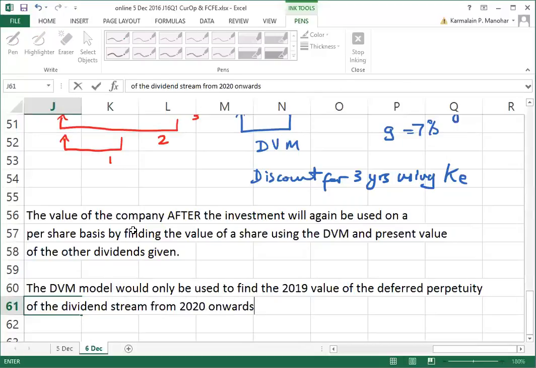So even just figuring that line that it was 2020 onwards gave you the information. They said from February 2019, but that's the beginning of the year, so it ends up being a 2020 dividend.